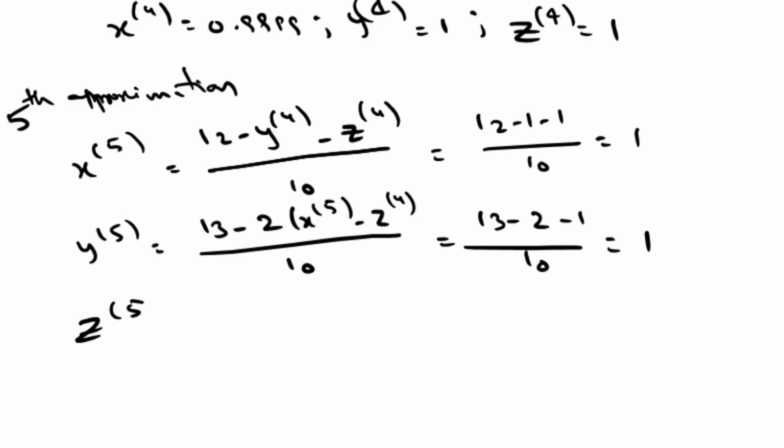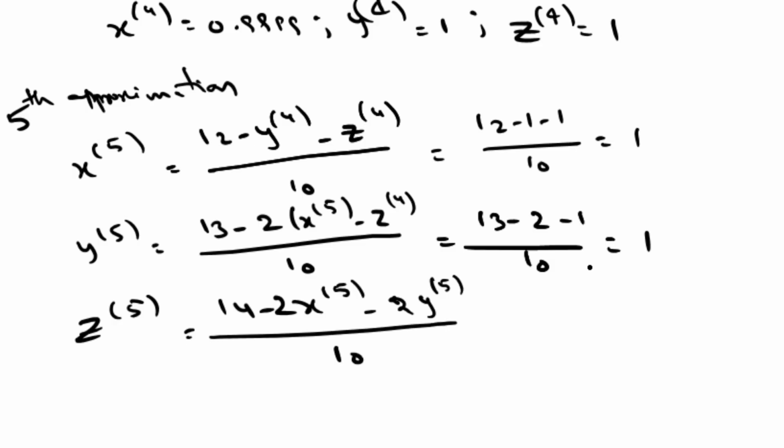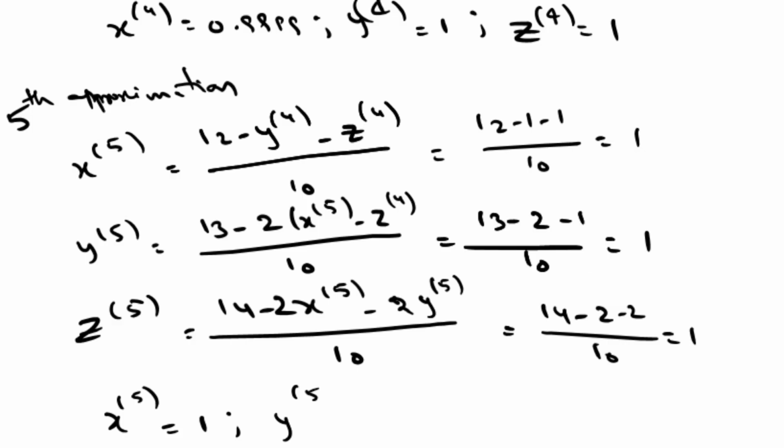Z of the fifth approximation is equal to 14 minus 2 into x of the fifth approximation minus 2 into y of the fifth approximation, divided by 10, equals 14 minus 2 minus 2 by 10, equals 1. Therefore, x of the fifth approximation is equal to 1, y of the fifth approximation is equal to 1, and z of the fifth approximation is equal to 1.